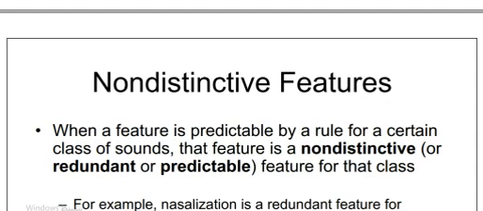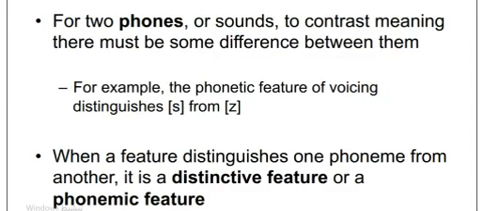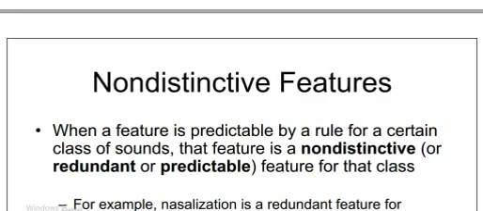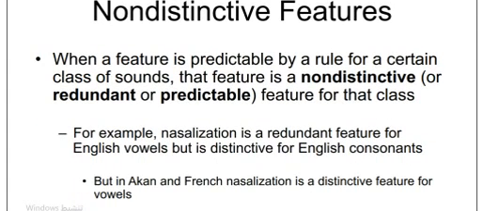We have distinctive and non-distinctive features. Non-distinctive means something redundant or predictable, so we can predict it.